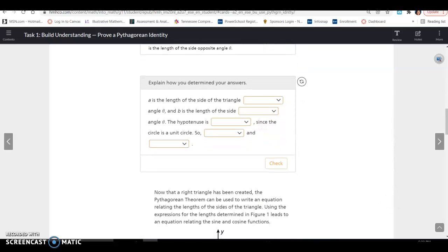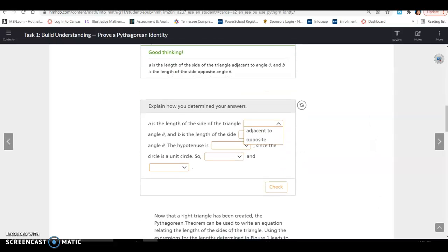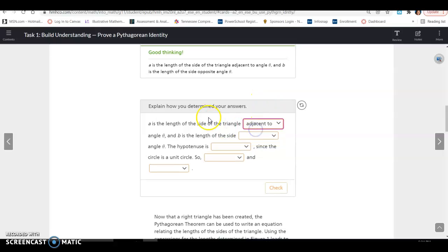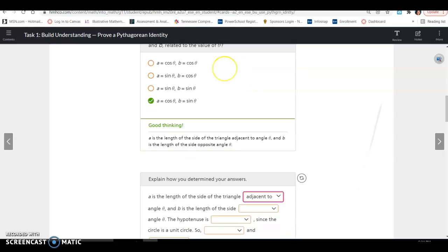It says explain how you determined your answer. A is the length of the side of the triangle adjacent to theta. Adjacent just means it lies beside theta. So here's theta. This is adjacent, this is opposite the angle, and this is the hypotenuse.